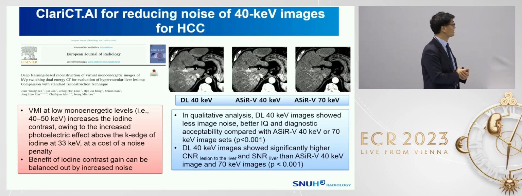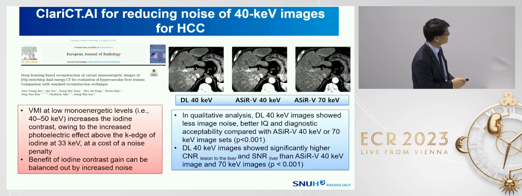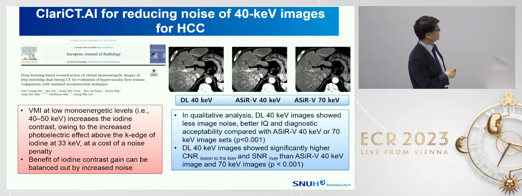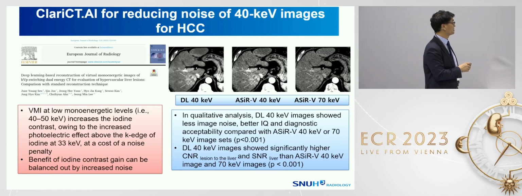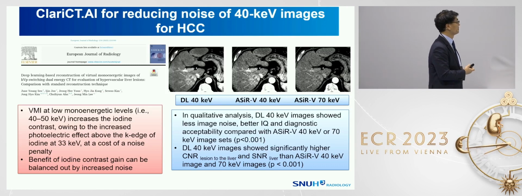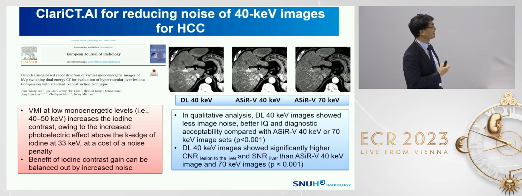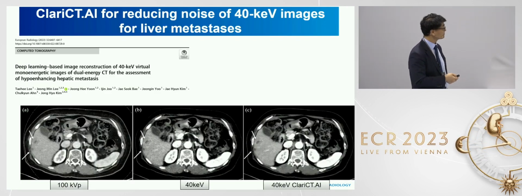We did a retrospective study, and as you can see here, ClariCT.AI reconstructed 40 keV images demonstrated superior image quality than iterative reconstruction 40 keV images or 70 keV images.